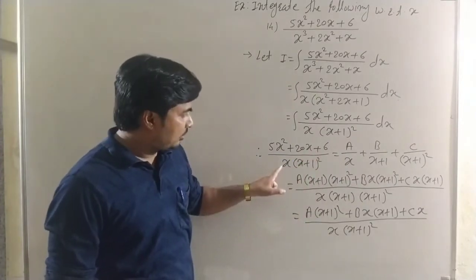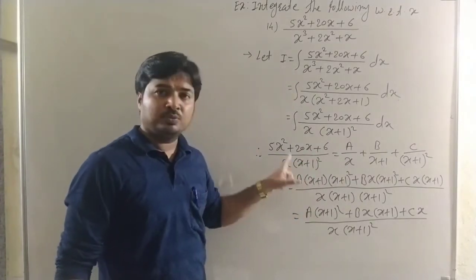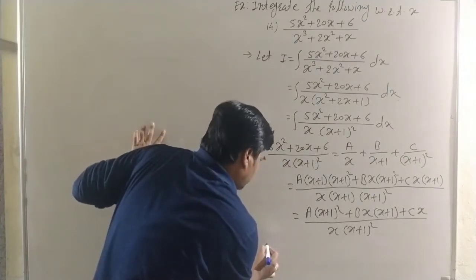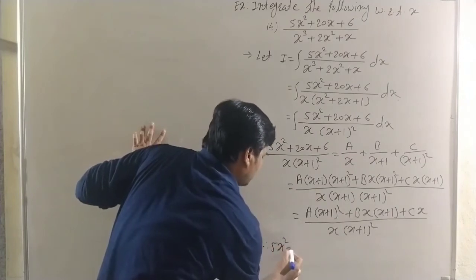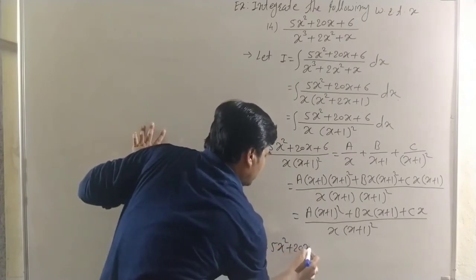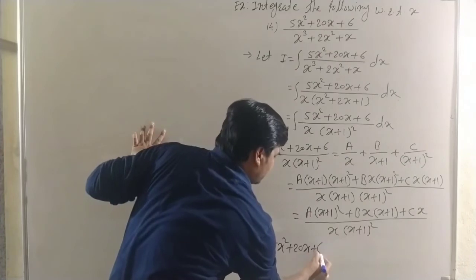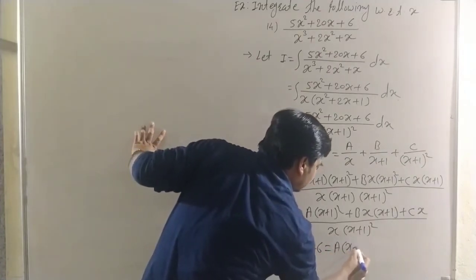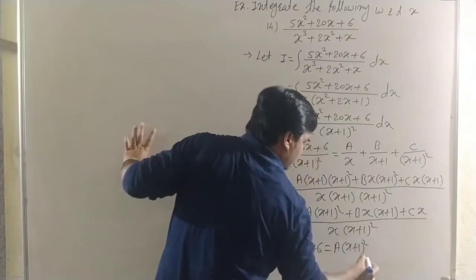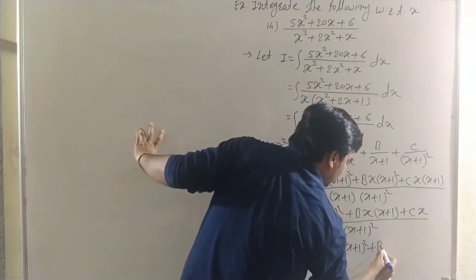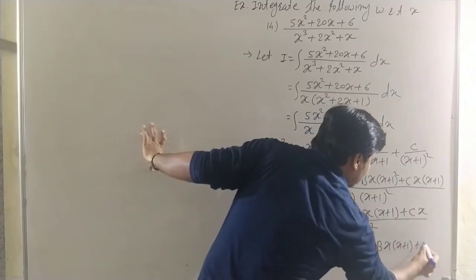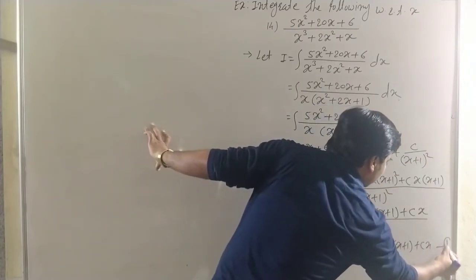Now the denominators of RHS and LHS are the same, so the numerators are also equal. Then we can write 5x² + 20x + 6 is equal to A(x + 1)² + Bx(x + 1) + Cx. It is equation number 1.